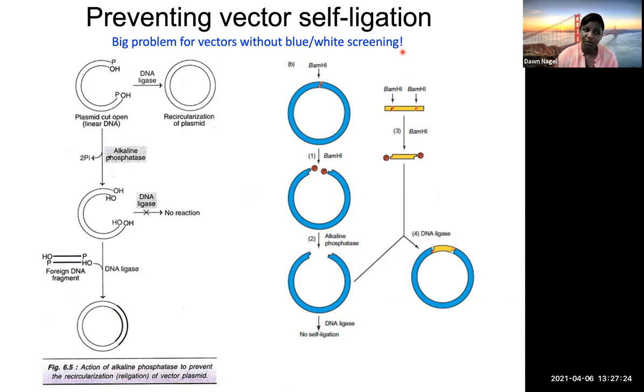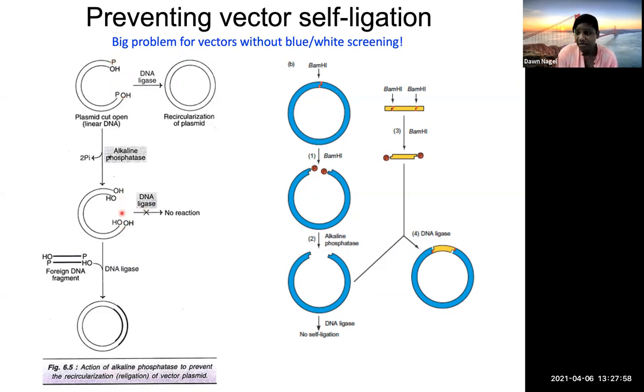what we normally do in that case is use an enzyme called alkaline phosphatase. Alkaline phosphatase removes the 5' phosphate groups from your vector where it cuts. Remember, you're going to have 5' and 3' ends. Because the phosphate groups are removed, when you add DNA ligase, these can't come back together.